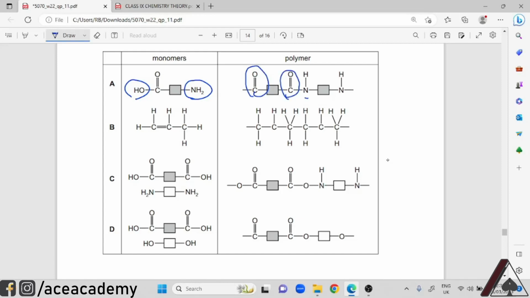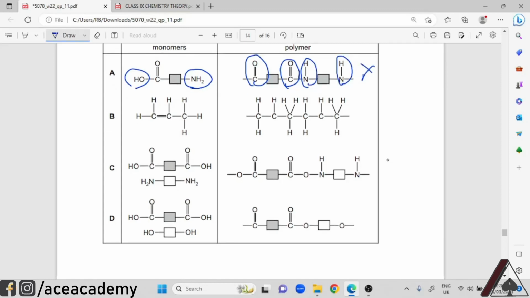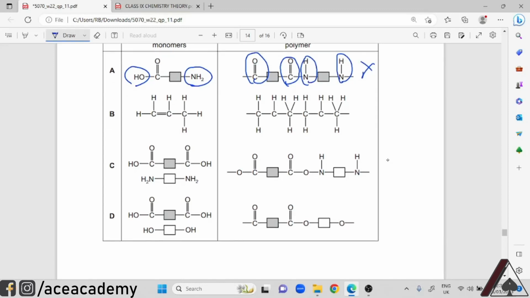This shouldn't happen, and both of these parts are having this NH single bonds. This shouldn't happen. So this is not the answer. And in here we can see that carbon in this part has 1 2 3 4 5 bonds, but we know that carbon should only have 4 bonds. So this is not the answer.